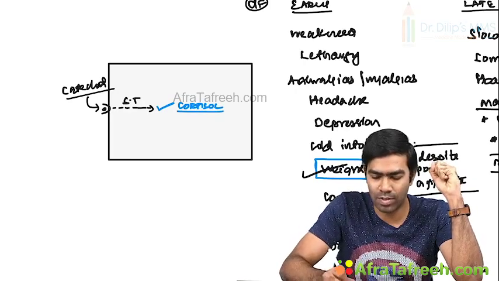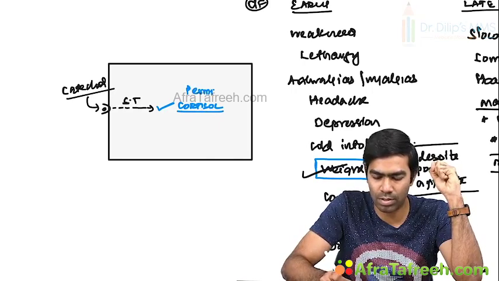Clear? This is what we refer to as the permissive action of cortisol. Very important. If there is no cortisol inside the cell, this action will not be translated at all. Even though there are catecholamines, there will be no translation of the signal. This cortisol permits the signal of catecholamines. That's why it is called a permissive action of cortisol.